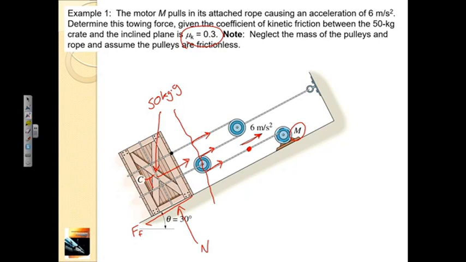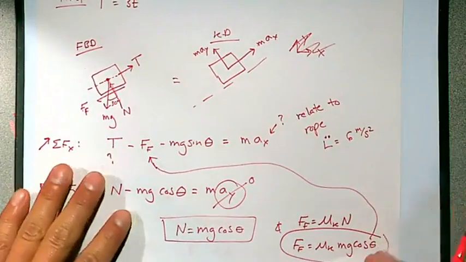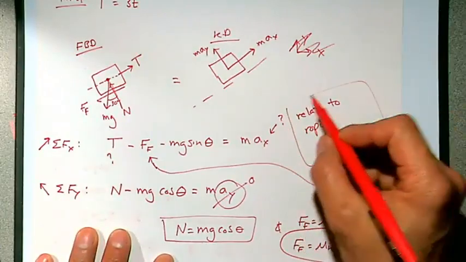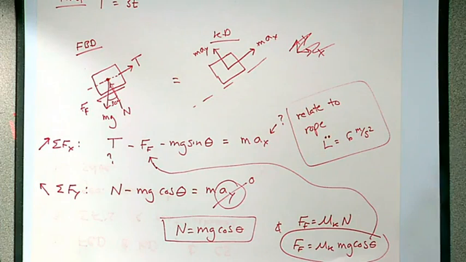So I want to relate ax to that change in rope length. All right. We do that with a rope equation, kind of like we did last time.